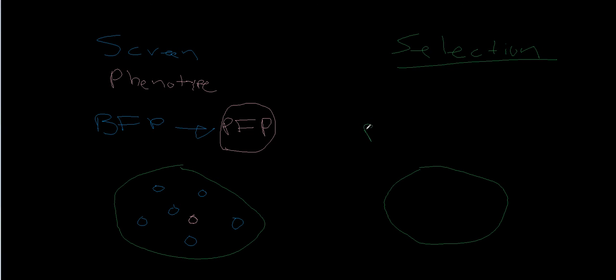So if we're starting off with our blue fluorescent protein, and we make our library and we're looking for that pink fluorescent protein, and we transform this library, let's say for argument's sake that we have 100 library members. Realistically, we would probably have 10 to the 10th or something like that.